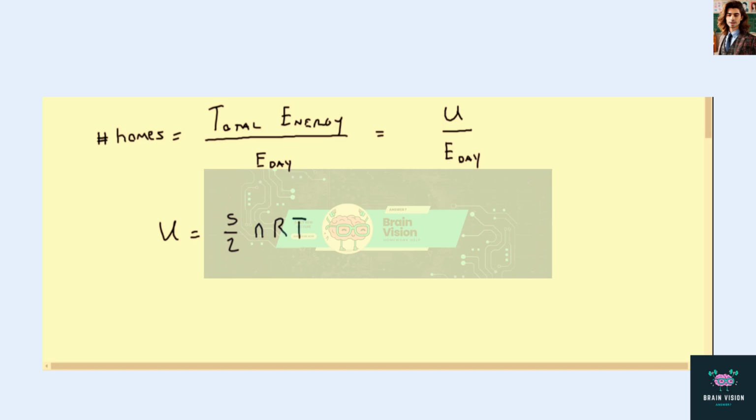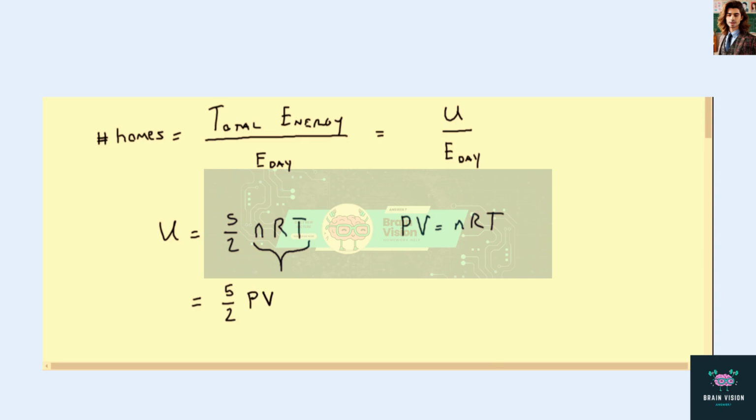But if you notice, this right here looks just like the right-hand side of the ideal gas law. Right? The ideal gas law says PV equals nRT. So we could just substitute out that nRT for P and V. And if we did that, we'd have 5/2 PV.